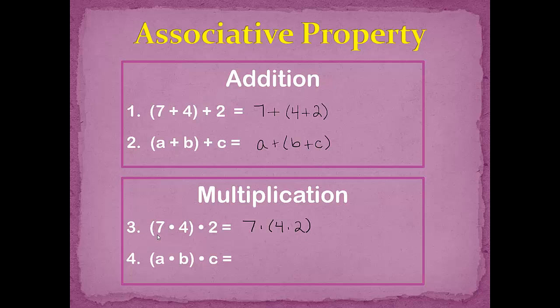If you look at the left-hand side, 7 times 4 is 28, and 28 times 2 is 56. And on the right-hand side, if we do the parentheses first, we'd have 4 times 2, which is 8, and 7 times 8 is 56. Now for number 4, we'll write this using variables. So the quantity A times B times C would be equal to A times the quantity B times C.